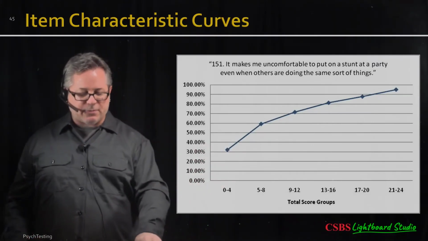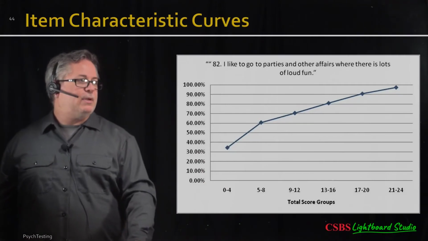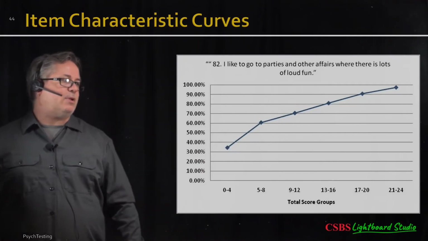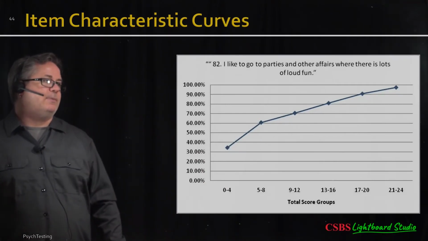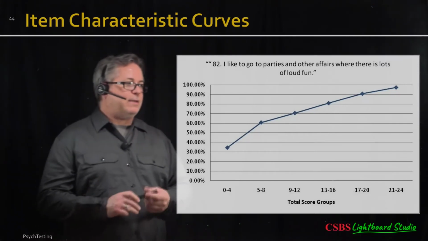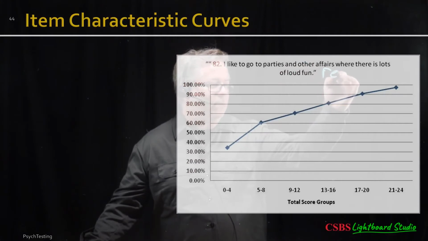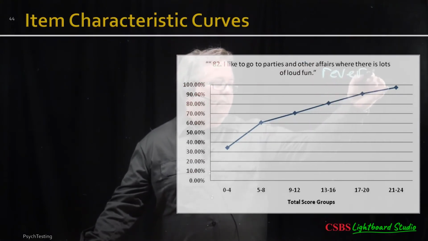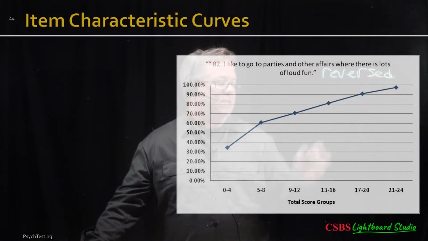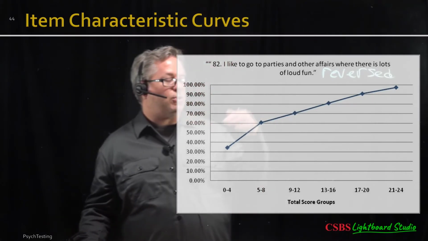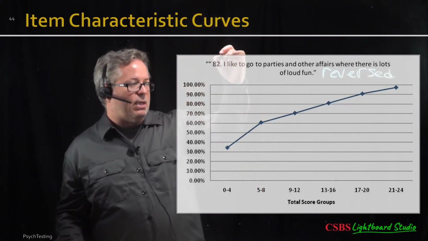So back up a second, what this actually means. Go back to here. I like to go to parties and other affairs where there's lots of loud fun. So one thing to keep in mind is that this item is reversed. So this might be a little bit confusing. Remember, in terms of social anxiety, this is likely scored the other way around. It's likely scored so it's really I don't like.